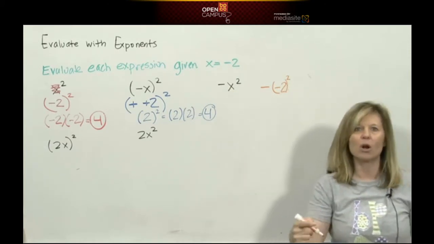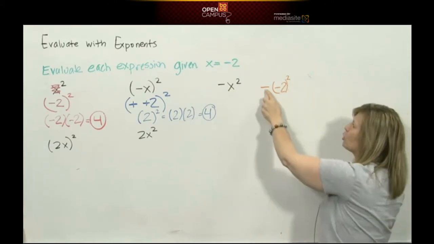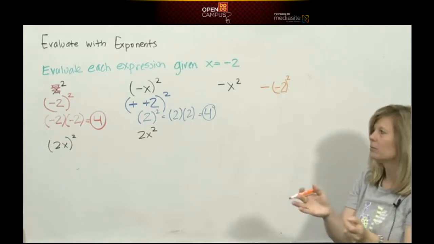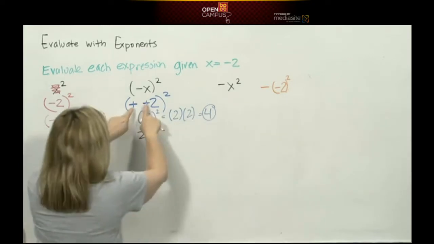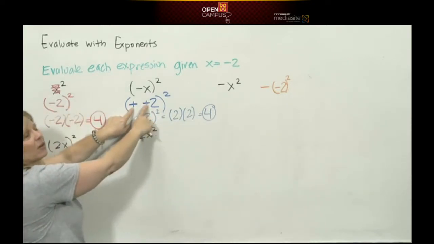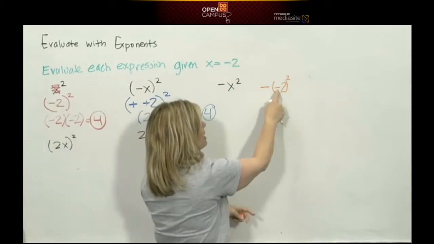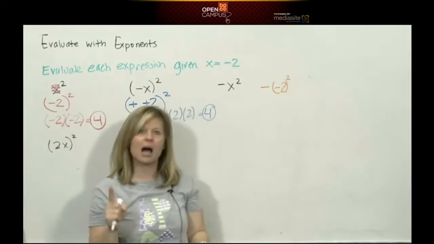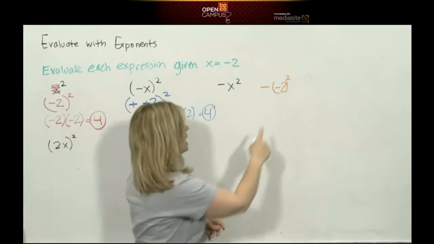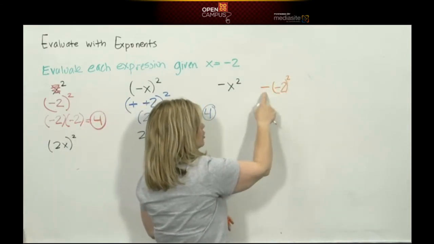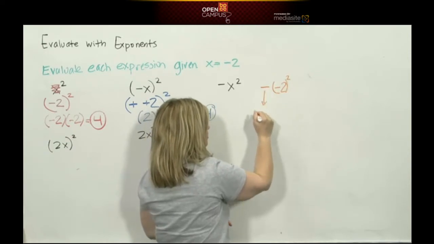So if we follow order of operations, we don't change the two negatives to a positive. They're not together. See, over here, the two negatives were inside parentheses together, so we had to do what was inside first. Over here, they're not together. And according to order of operations, we have to do the exponent. We are going to square -2. So this negative stays in front.